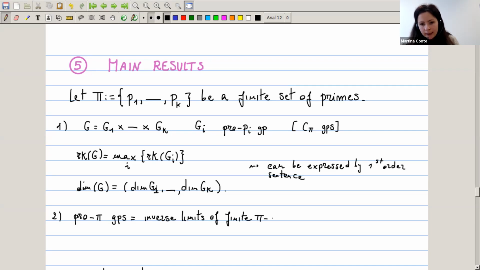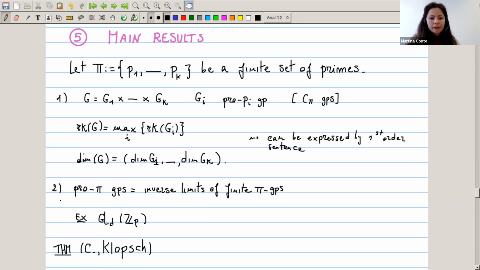I recall that a finite pi group is a finite group whose order is divisible only by primes in the set pi. If you want an example to have in mind for this kind of groups, you can think of GL_d(Z_p). Before we were looking at the first principal congruence subgroup in the pro-p case. Here you can think of all of GL_d(Z_p).